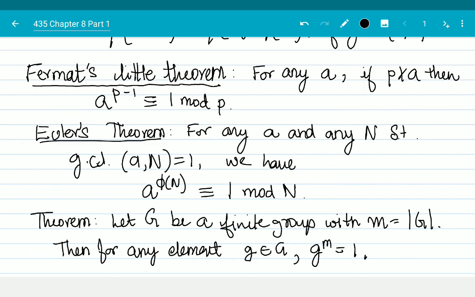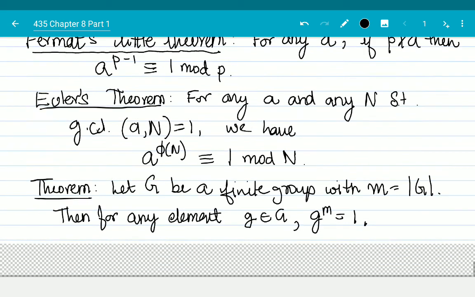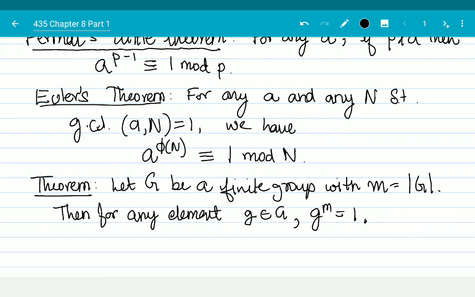If I'm looking at G as Zn star, then this corresponds exactly to Euler's theorem. Otherwise, this result is true. Proof.